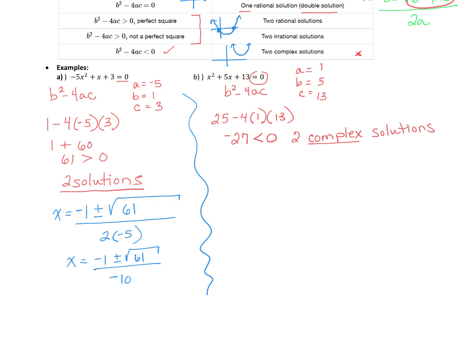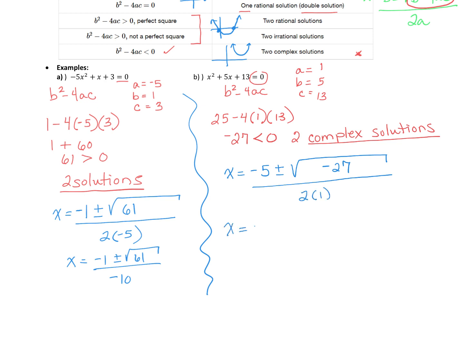That just tells me what kind of solutions. If I then wanted to know what the solutions were, I could use the formula x equals negative b plus or minus the square root of b squared minus 4ac, which we just calculated, is negative 27, all over 2 times 1.